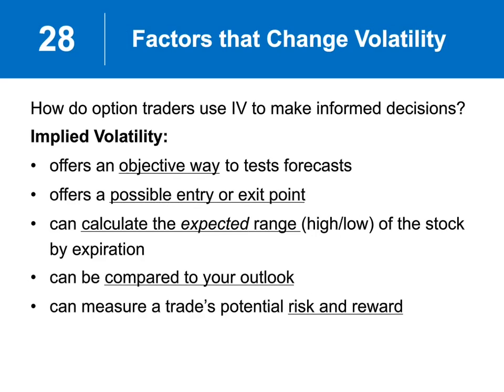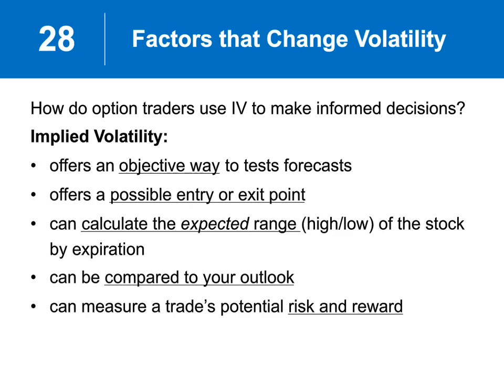All right. How do option traders use this implied volatility to make a decision? Well, it may give you an objective way to test your forecasts, and you're not coming up with numbers out of the blue. It may give you a possible entry or exit point if you know ranges on stocks or the higher or lower numbers relatively speaking.